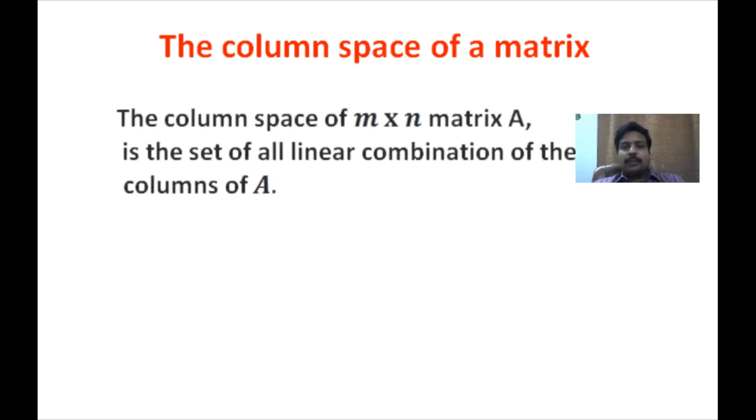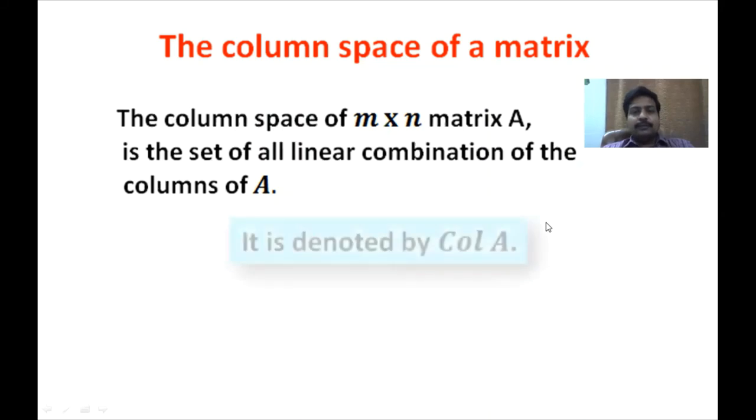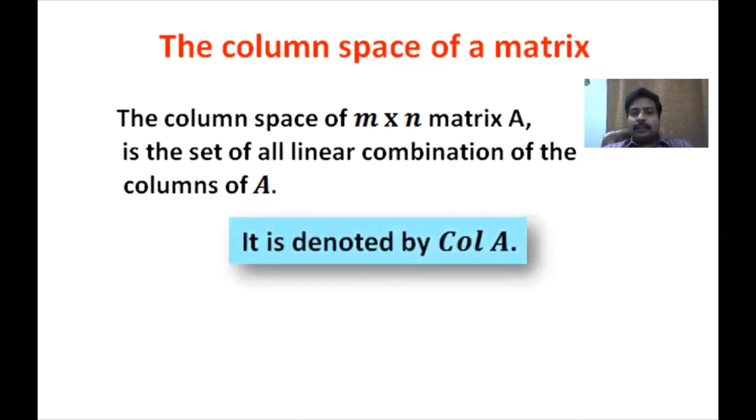And the column space of an m by n matrix A is the set of all linear combinations of the columns of A. This is the column space. It is denoted by Col A, with the symbol capital COL A. We call it column space A.